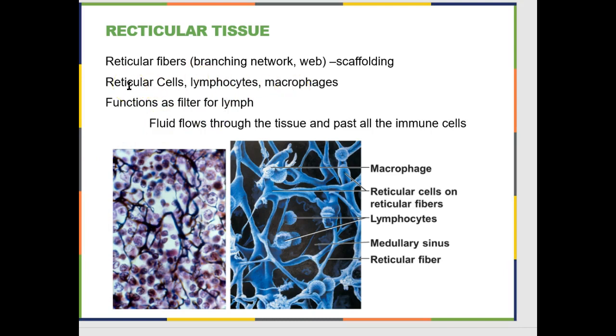Only instead of being contained in like a little baggy mesh thing like your Brita filter, all of the cells are held together by a scaffolding of reticular fibers, and that's what the reticular cells do. But fluid trickles through your lymphatic tissue and runs over all of those cells, and the macrophages clear out debris, bacteria, viruses, dead red blood cells, and then your lymphocytes, B lymphocytes and T lymphocytes, are monitoring the lymph for signs of infection and responding to infection.